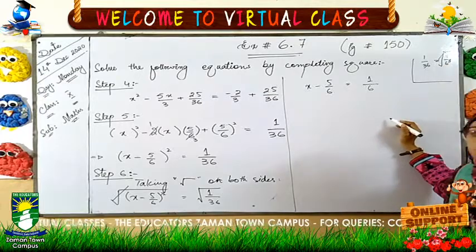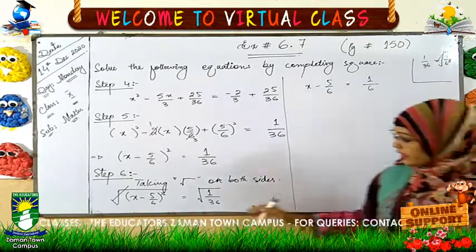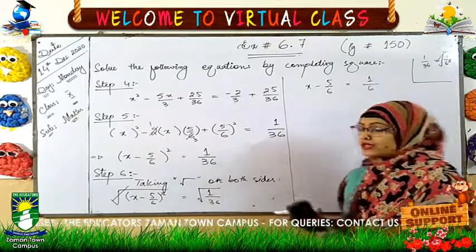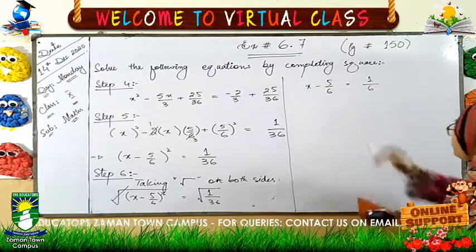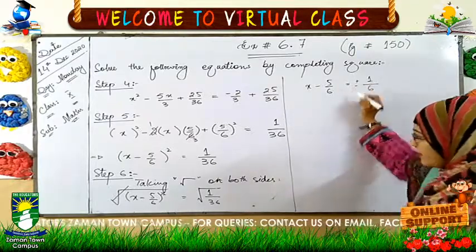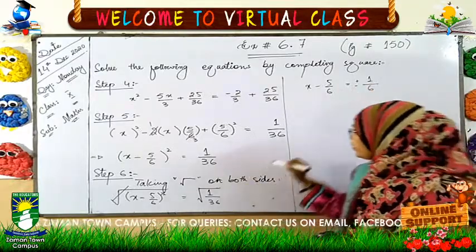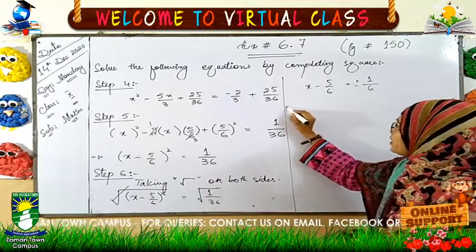Or you can use your calculator to take the root of 1 upon 36; you will get 1 upon 6. Now we will write the plus minus sign. When we remove the roots, we always write the answer with a plus or minus sign.